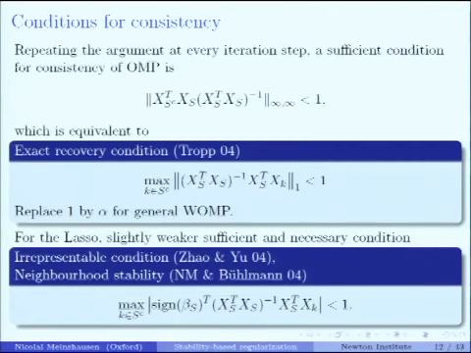And the L1 norm of all those can't be larger than 1. If it's larger than 1, at some point, it's bound to go wrong.